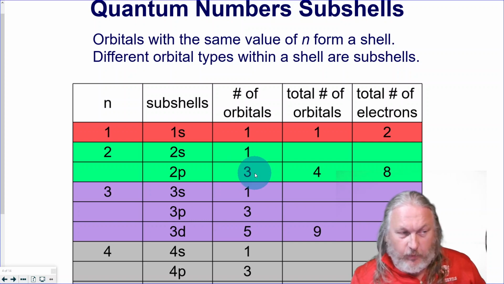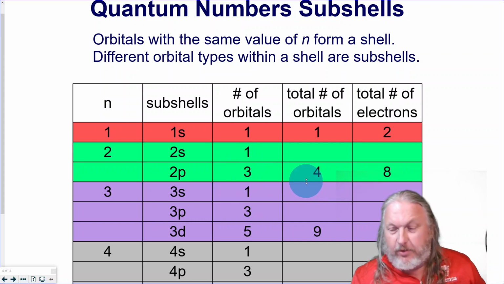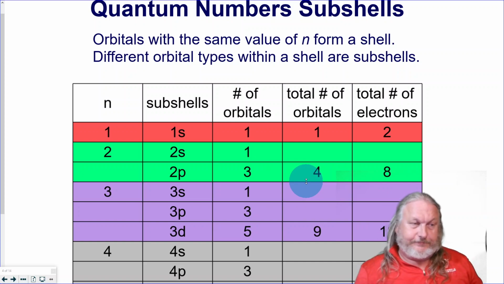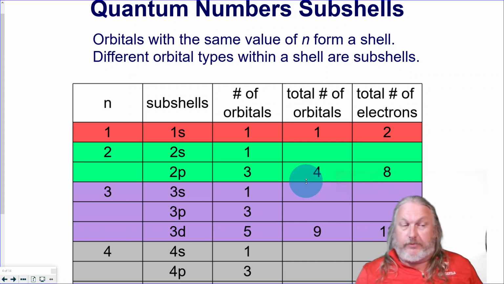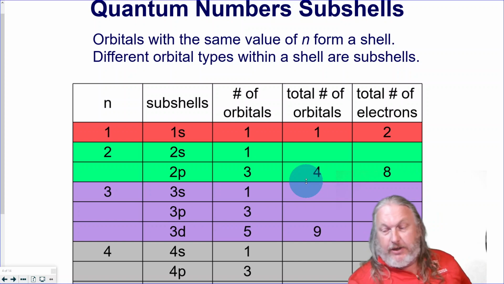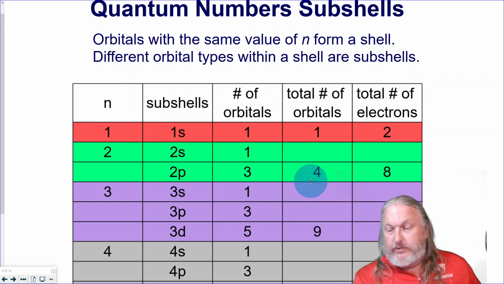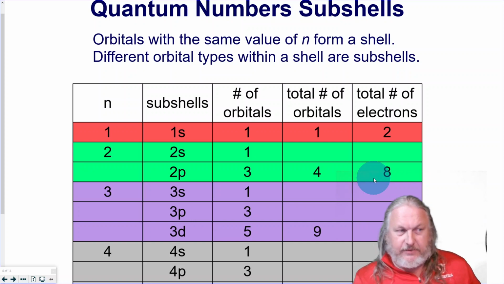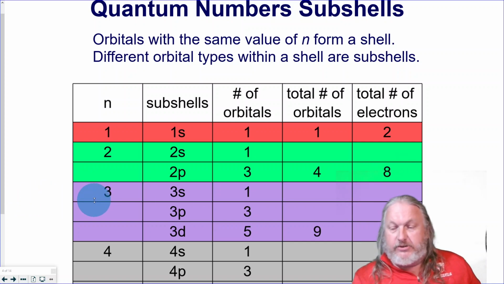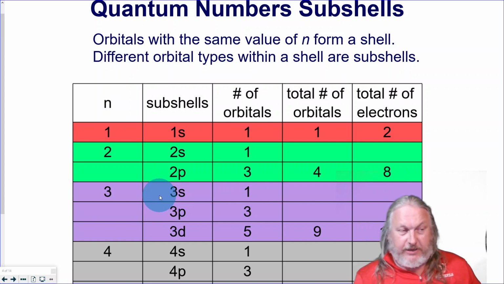So if I add 1 plus 3, I get 4 total orbitals. And each of those orbitals can have 2 electrons. 4 times 2, I can have 8 electrons in the second energy level.